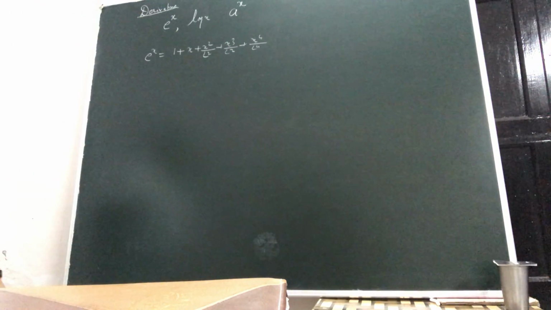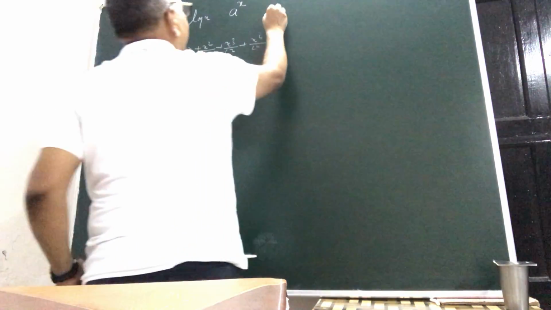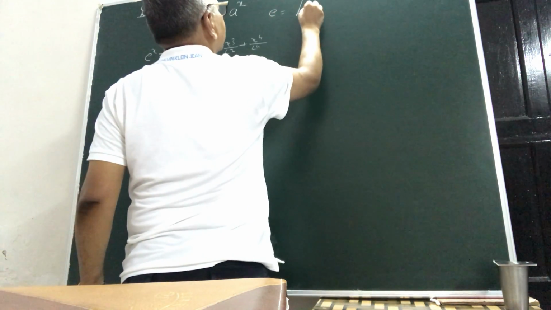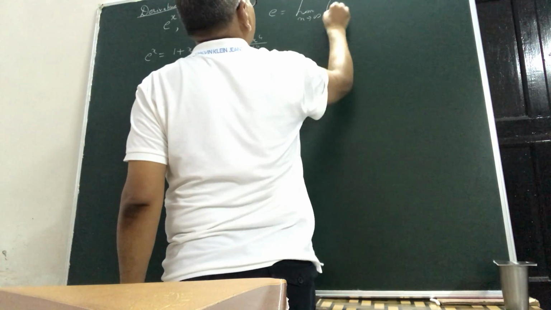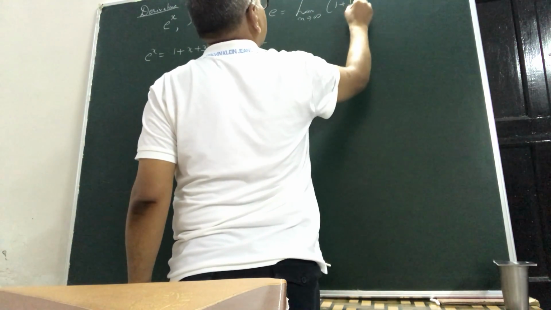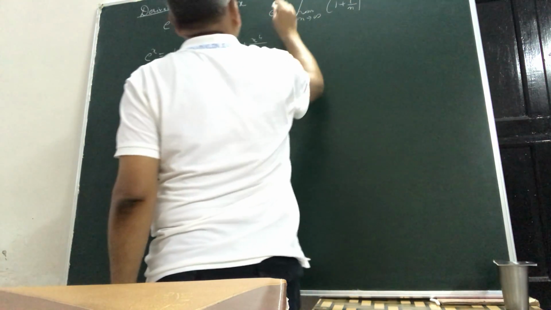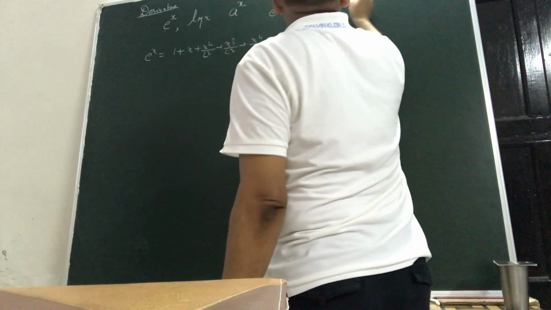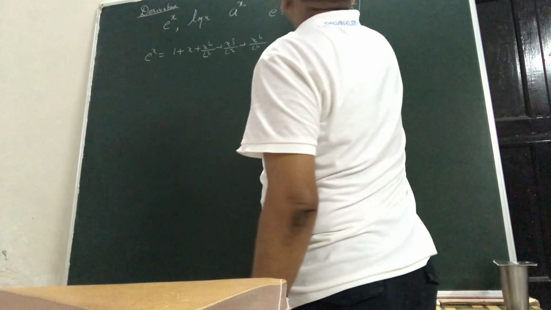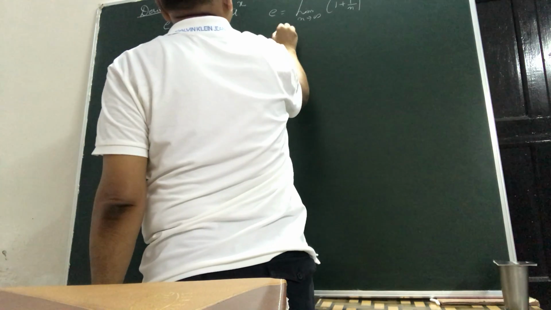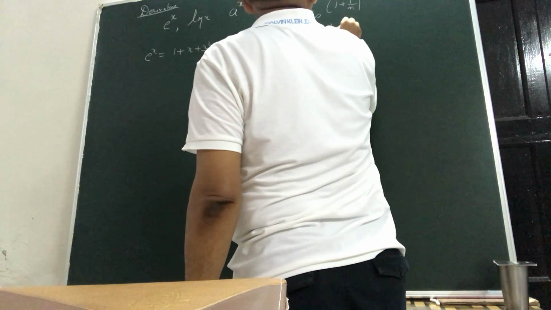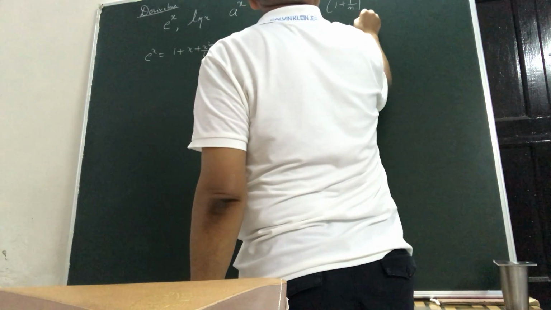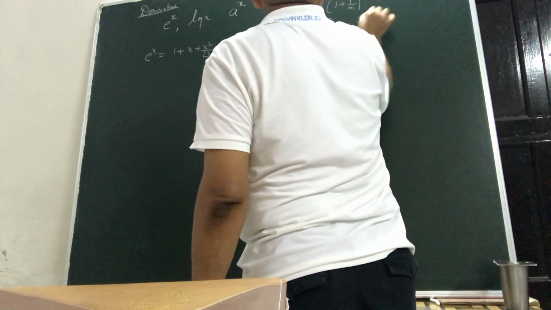Earlier also I told you that e is defined as limit n tending to infinity of 1 plus 1 by n raised to power n, and therefore e raised to power x will be limit n tending to infinity of 1 plus 1 by n raised to power n, raised to power x.